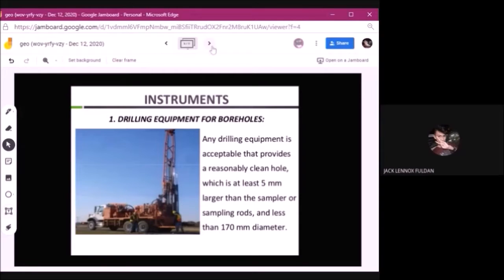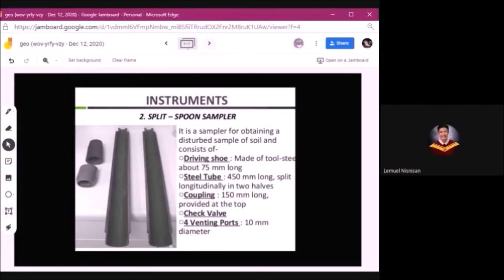The second tool that will be used in SPT is the split spoon sampler. It is a sampler for obtaining a disturbed sample of soil and consists of a driving shoe, made of tool steel about 75 mm long.